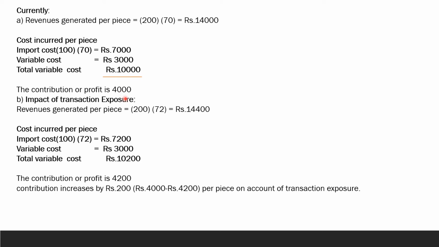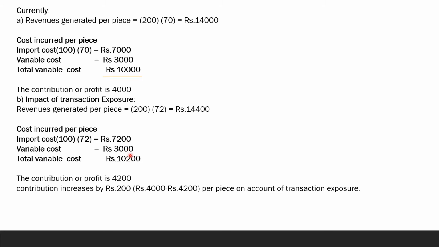Now let's see impact of transaction exposure. Due to change in exchange rate, the total revenue generated on one piece is 14,400 on the exchange rate of $1 is equivalent to 72 rupees. The cost incurred by the exporter per piece in Indian rupees is 7,200. It's an import cost, and variable cost is 3,000.